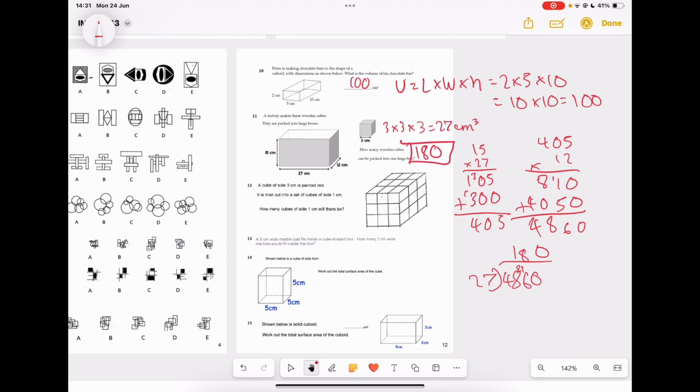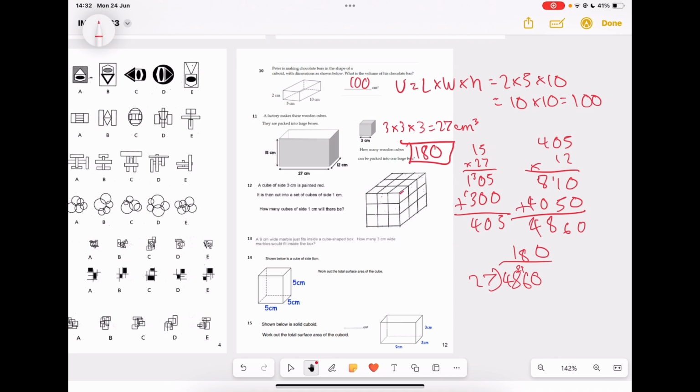Okay. 12. A cube of side 3 centimeters is painted in red. It is then cut into a set of cubes of side 1 centimeter. How many cubes of side 1 centimeter will there be?